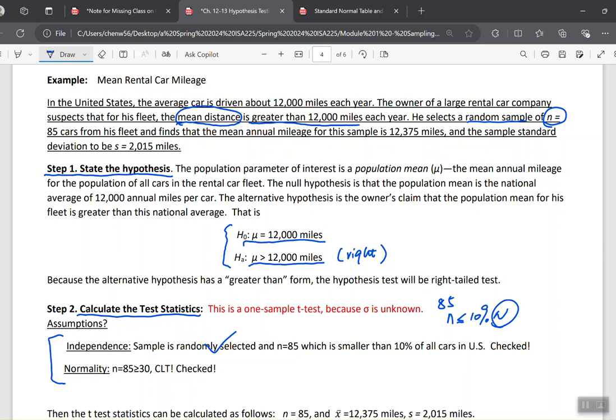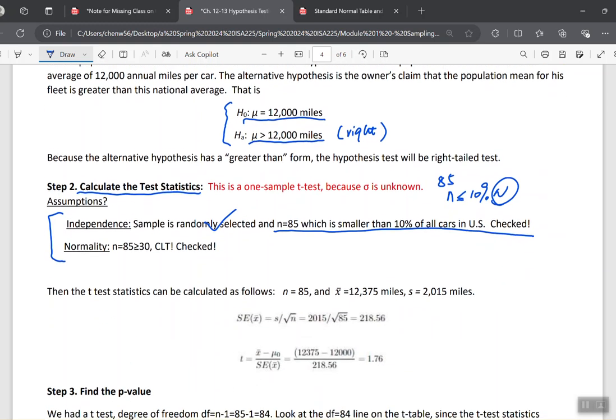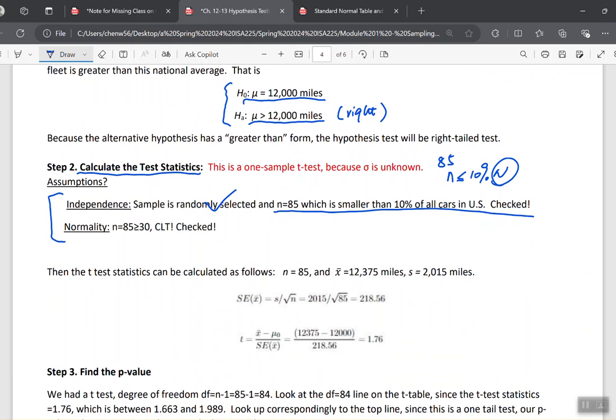What is the population here? The population is all the cars in the United States. So that will be a lot. I don't know the detailed value, but I know the population size is quite a big number. So of course, 85 should be less than 10% of all the cars in the United States. Then normality: n is 85, which is larger than 30, central limit theorem, and checked.